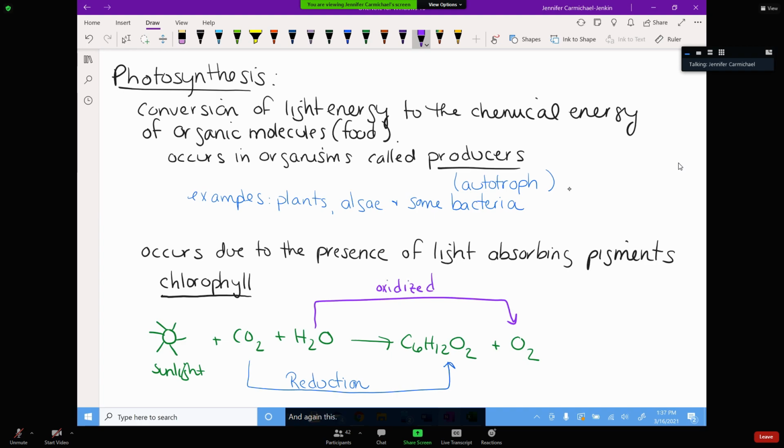Okay? And again, this is our broad overarching equation. It's not super balanced, it's not super detailed. It's looking at it as a whole. And remember, this is any organic molecule, not just glucose.